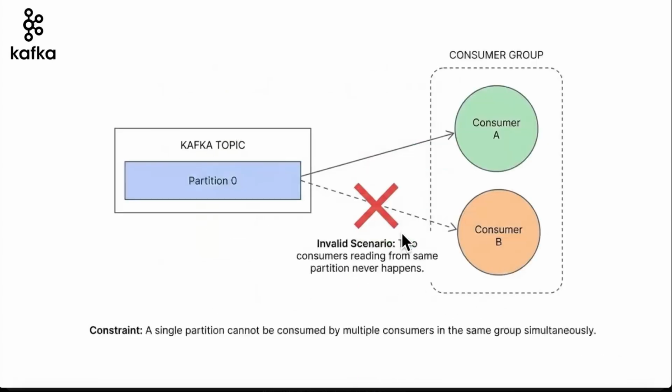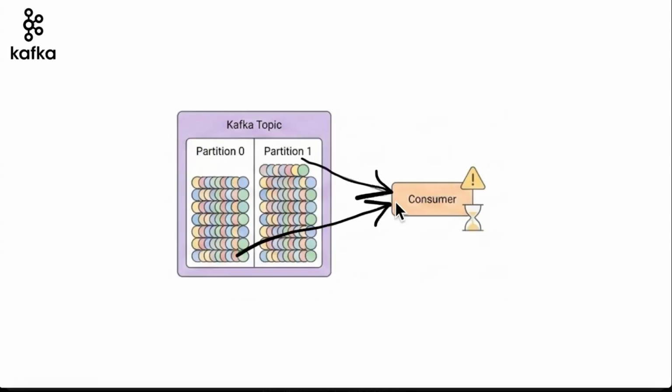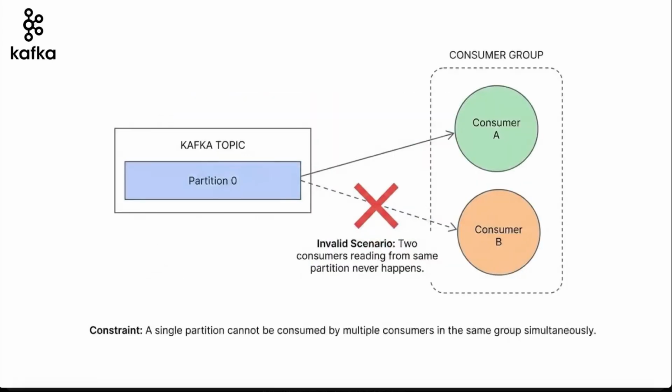So a situation like this will never arise in Kafka. One partition and more than one consumer will never happen. But the other way is correct, where a number of partitions are assigned to a single consumer. That's fine. But this way, it will never happen.